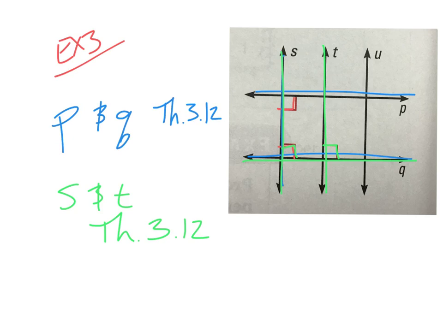All right. The last thing is to find the distance from a point to a line. The distance from a point to a line is the length of the perpendicular segment from the point to the line. Let me show you this.